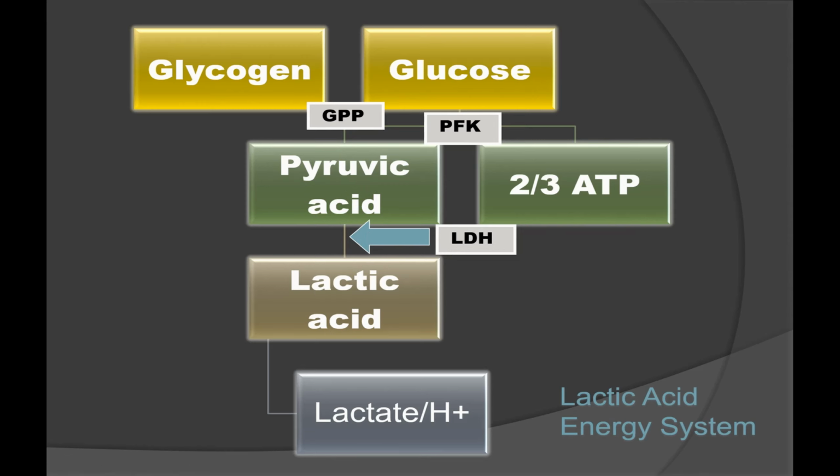Now, it is a common misconception that lactic acid is the enemy, that lactic acid causes the muscle to burn, lactic acid causes the muscles to not function to their full potential. Now, of course, this is a byproduct of the system, hence the name of the system.